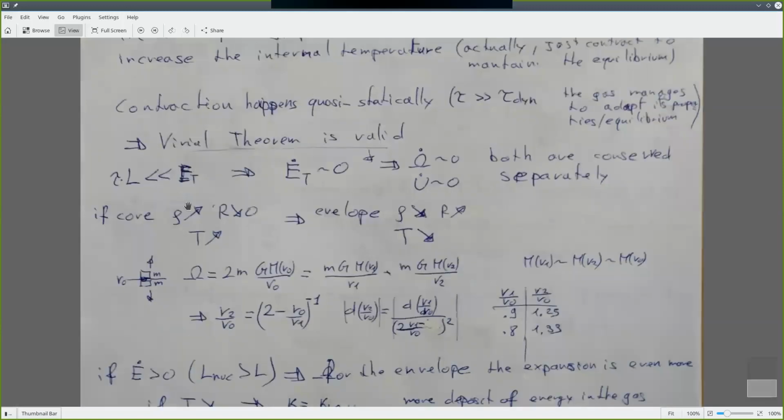As usual, we consider that the energy emitted in the time of the contraction is usually smaller than the total energy. So we consider that the total energy doesn't change a lot during the contraction. That means the energy is conserved.